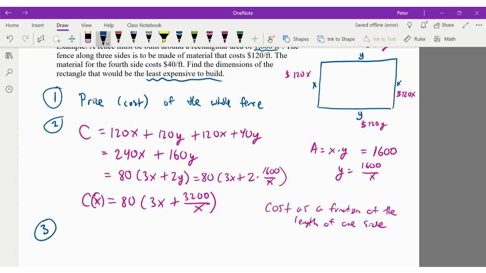So yeah, one side is, we know that we can't make x equal to 0 because we get division by 0, but we can make it basically any size that's bigger than 0. So I have x is greater than 0.